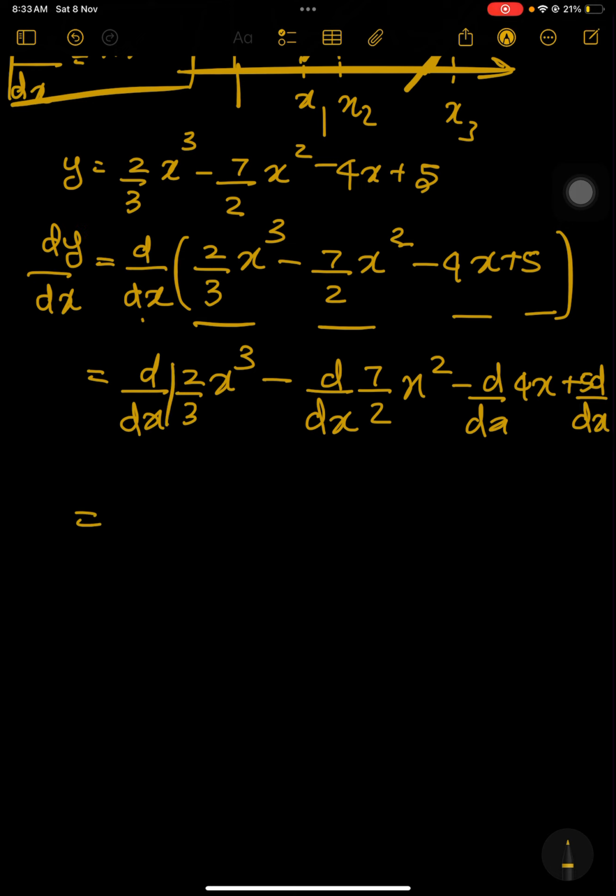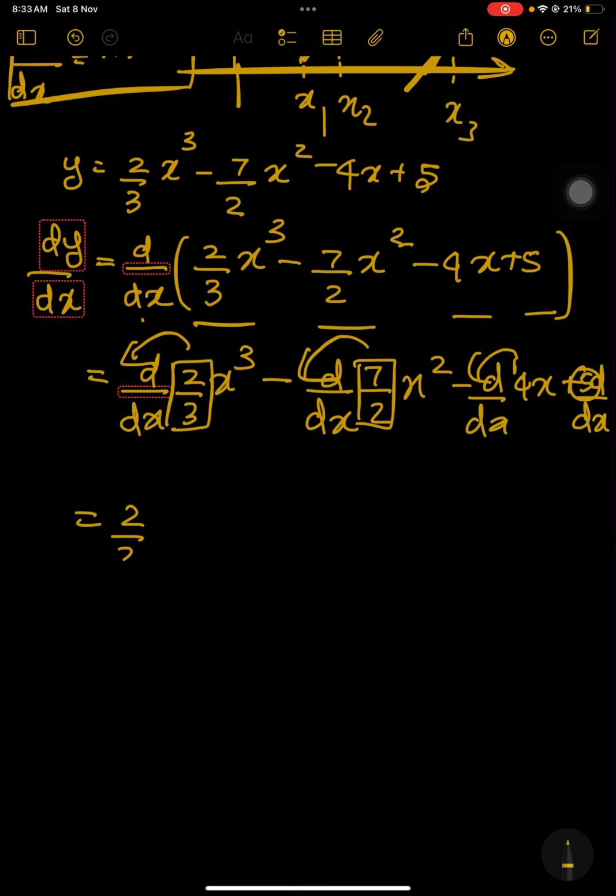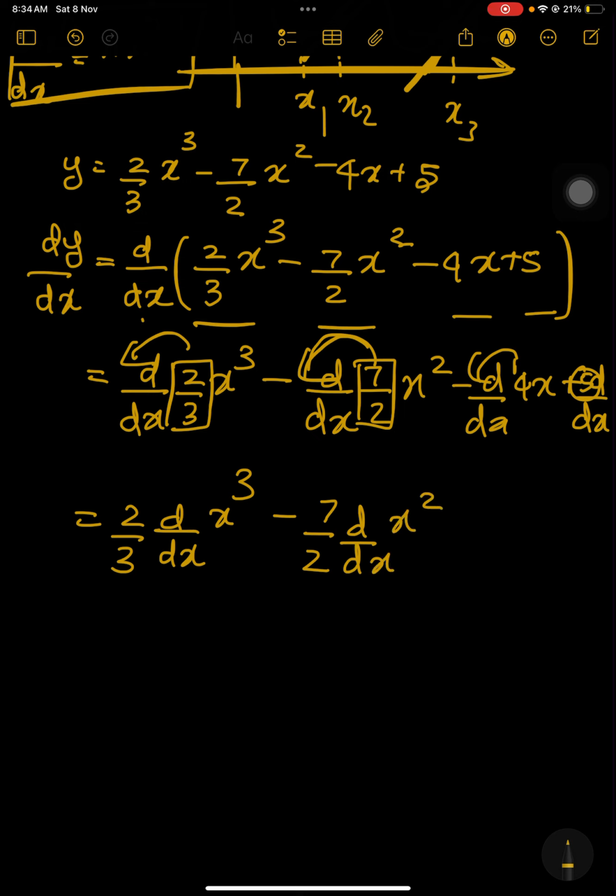So the constants go in front of the differentiation: 2 over 3 d over dx x cubed minus 7 over 2 d over dx x squared.